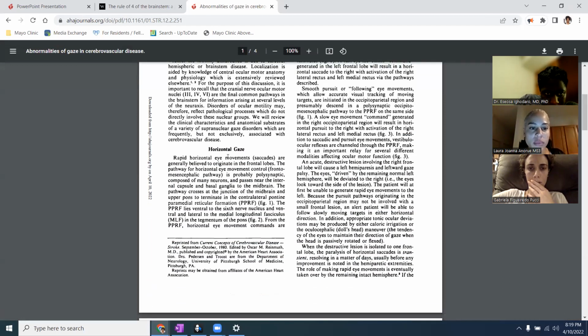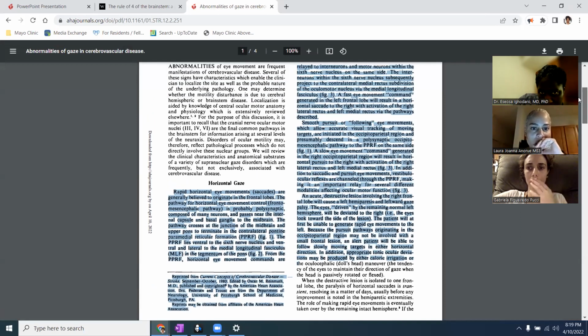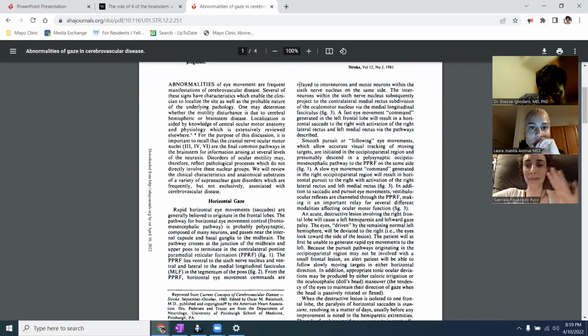Horizontal gaze, blah, blah, blah. Originates in the frontal lobes. Maybe, oh, no, I have to think before saying. Sorry, go ahead. I'm just skimming through this.